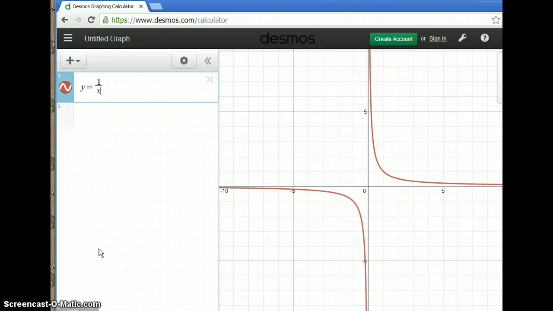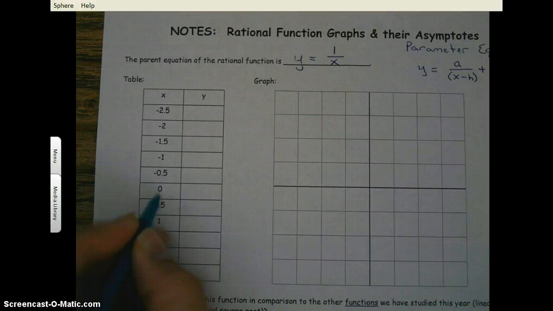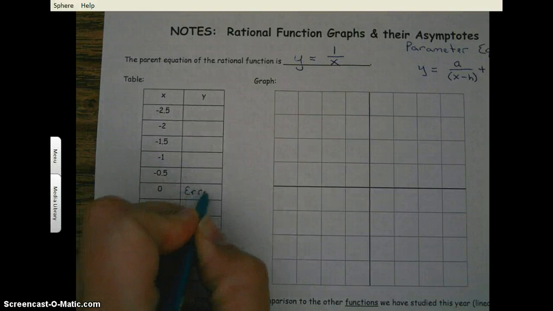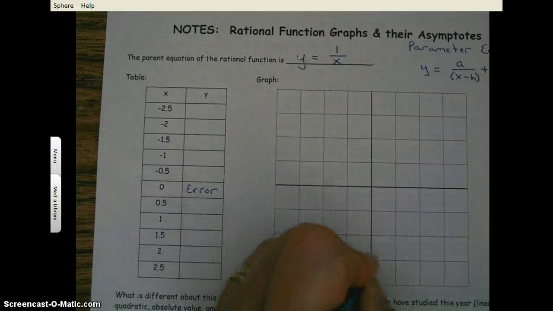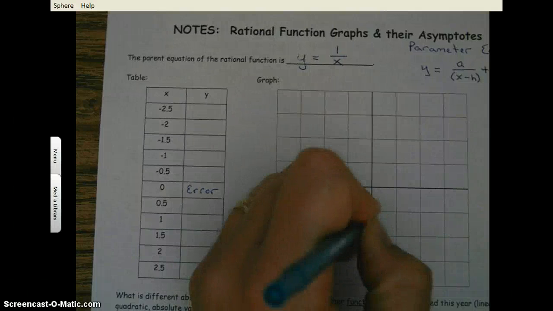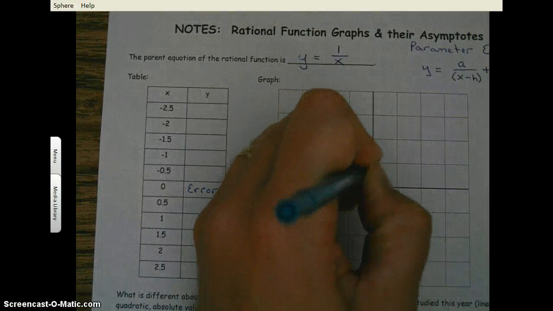At x equals 0, we have a vertical asymptote at x equals 0, because the function is undefined when x equals 0. So when x equals 0, we have an error, and this tells us that we have a vertical asymptote because we cannot divide by 0.